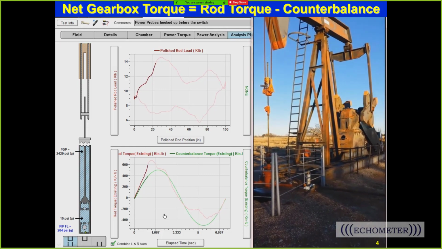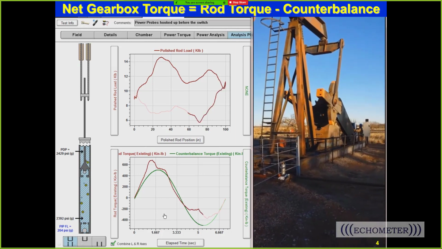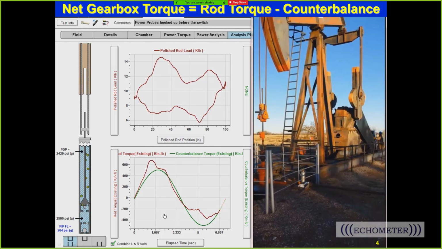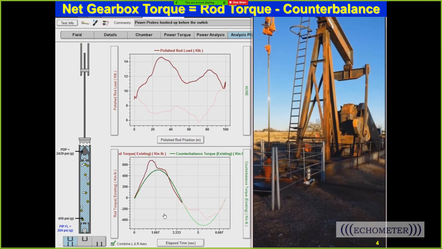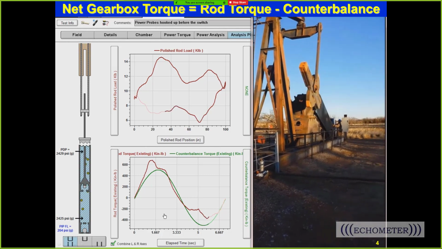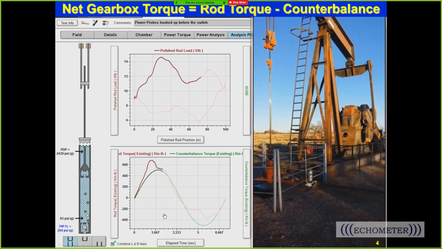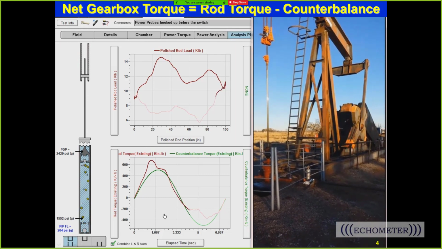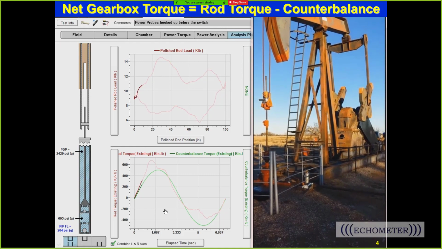And so we want to be able to match the counterbalance moment to the well, to the pumping unit, so that we minimize the torque on the gearbox. And we want the weights to be positioned in a place so that we don't cause overload anywhere during the stroke and damage the gearbox by exceeding the gearbox rating.